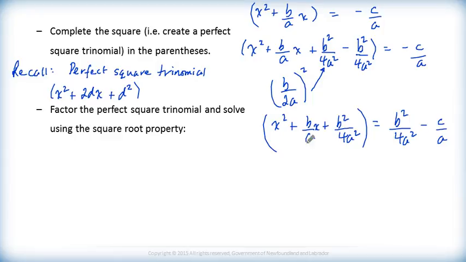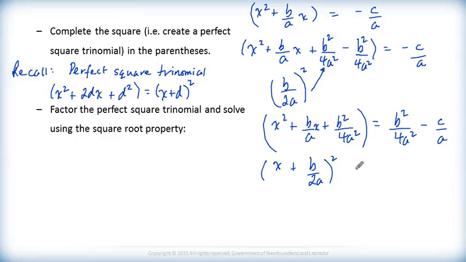Now I can factor my perfect square trinomial, and remember our d value is actually b over 2a. So we have x plus b over 2a. Because once again, remember, the factors of the perfect square trinomial are x plus the d value, squared.